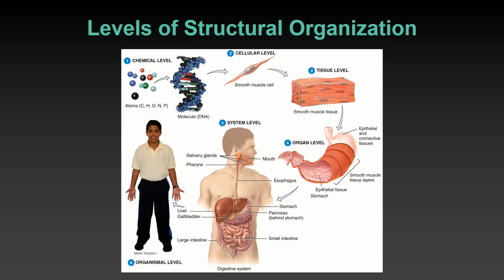Now, we're not going to do this, but you could, if you wanted to, start with the building blocks of cells and tissues, the atoms, the elements, and figure out how they make molecules.